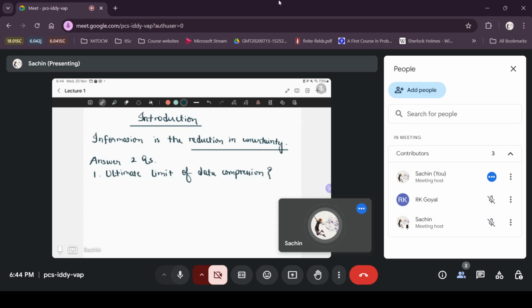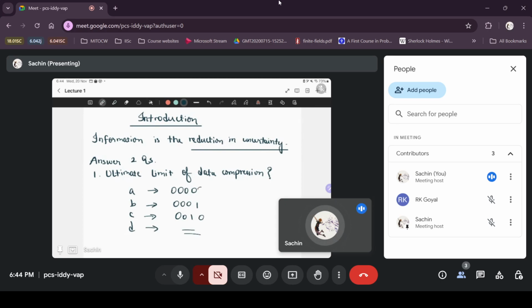So, for example, if you want to represent A, B, C, and D, you could say, I will say 0000 is A, 0001 is B, 0010 is C, and so on.